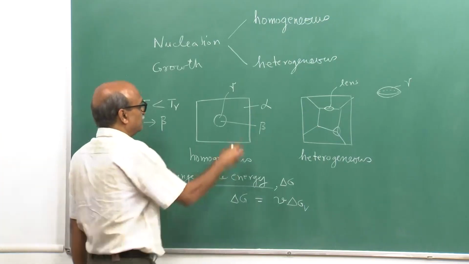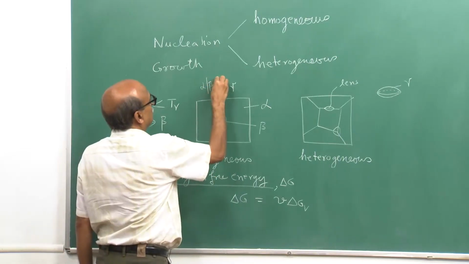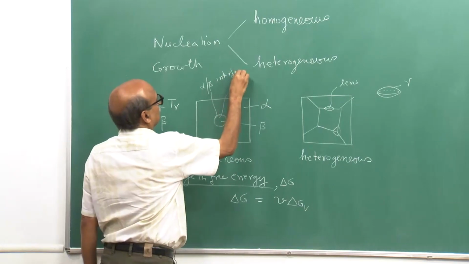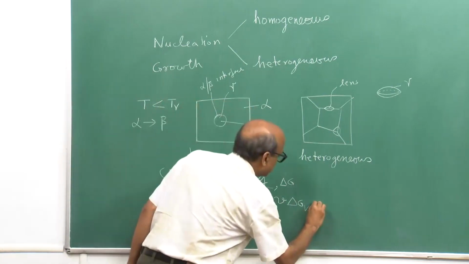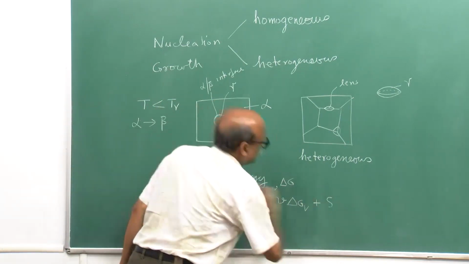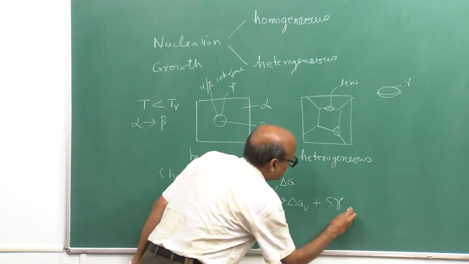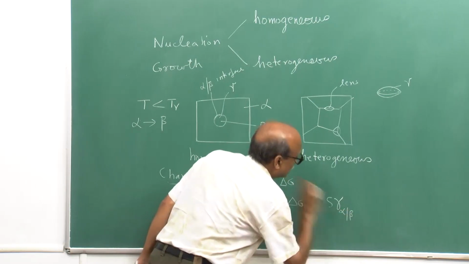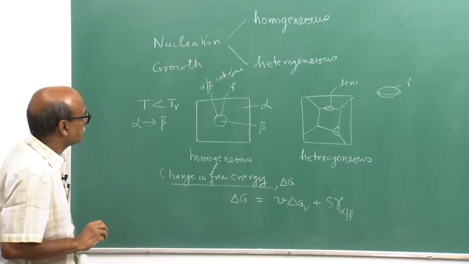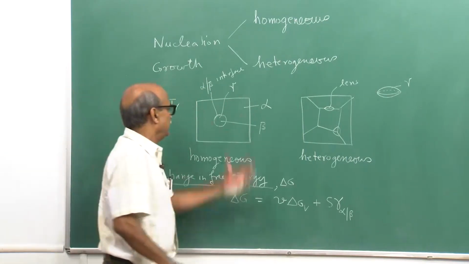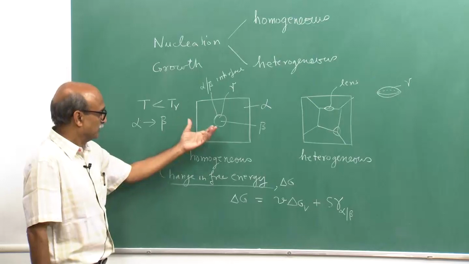Then there is a change in free energy as a result of the formation of an alpha beta interface. This would result in a positive change in free energy, and it can be written as the surface area of the nucleus multiplied by the surface energy per unit area of the alpha beta interface, termed as gamma sub alpha beta. Thirdly, there may be a volume change that is involved in the formation of beta.